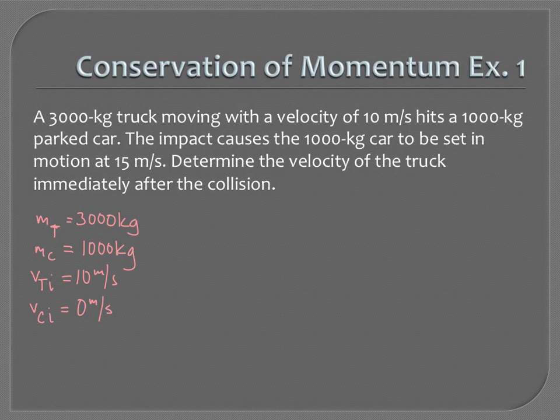The impact causes the 1,000 kilogram car to be set in motion at 15 meters per second. That means the final velocity after the collision for the car is going to be 15 meters per second, and we got to figure out the velocity of the truck. So that is VTF.